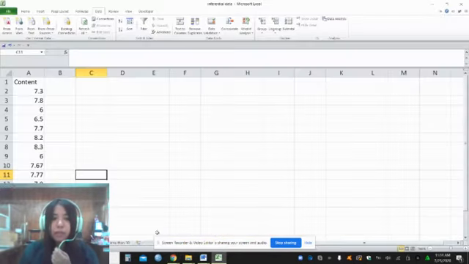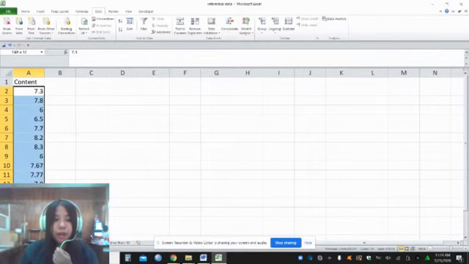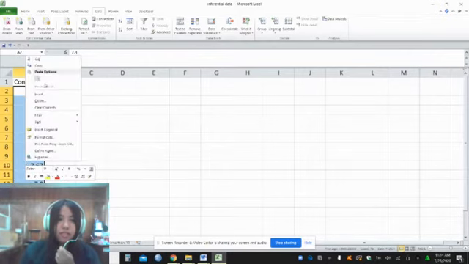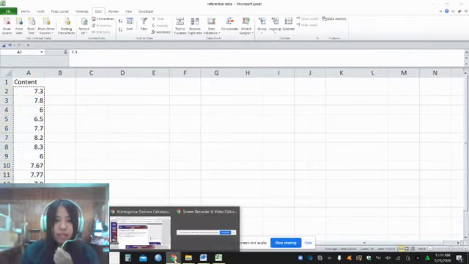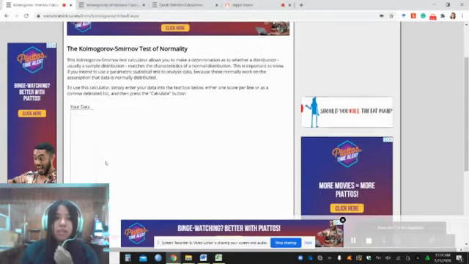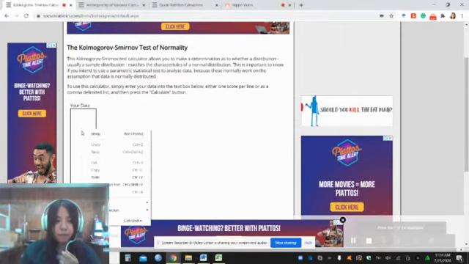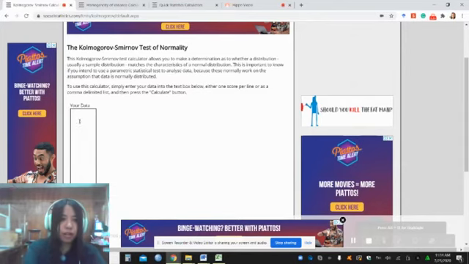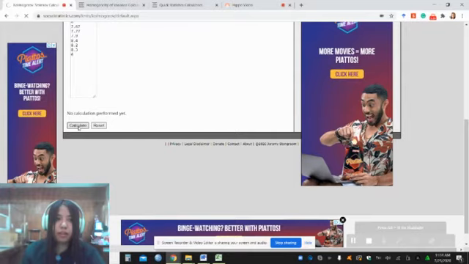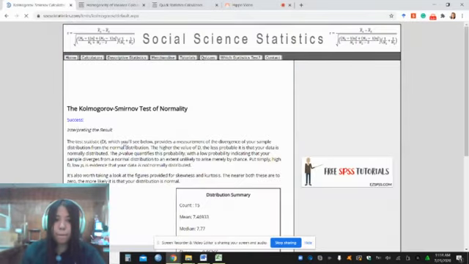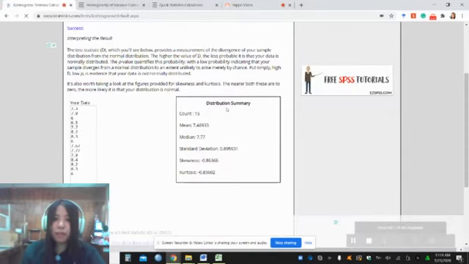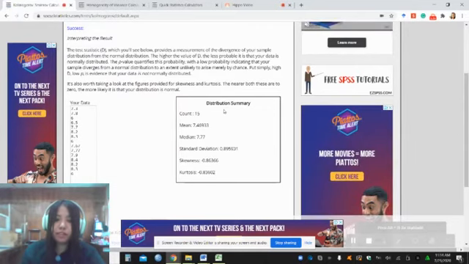What we need to do is just copy the data set here and paste it in the box. We can use the shortcut Control V and then just click calculate. It will provide you the value of the mean, the median, standard deviation, and also skewness and kurtosis.